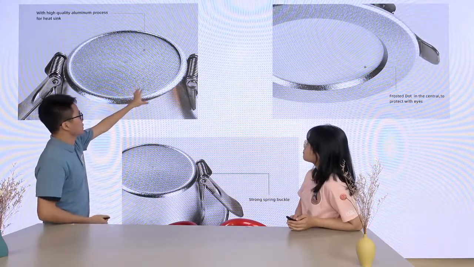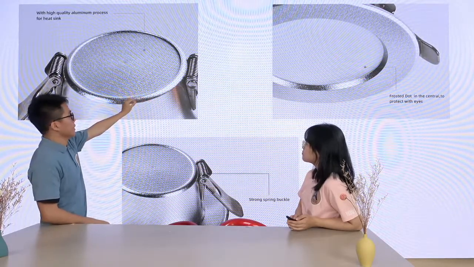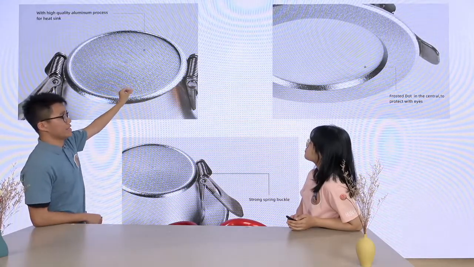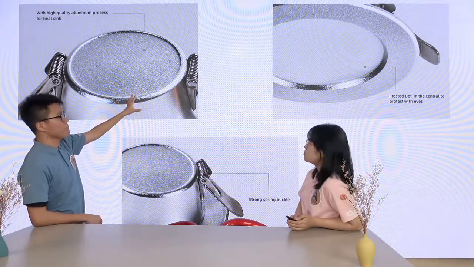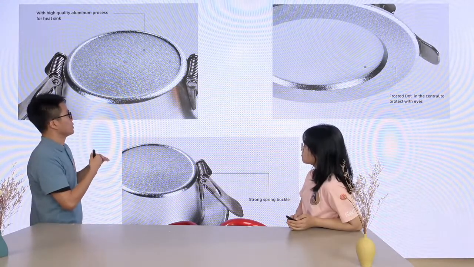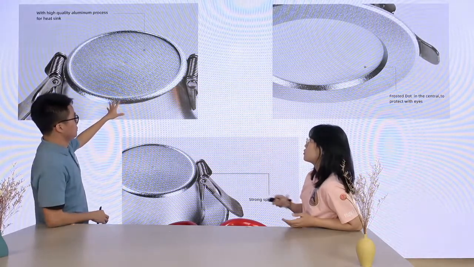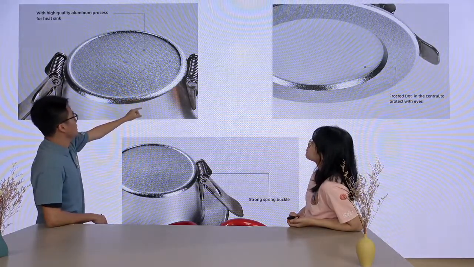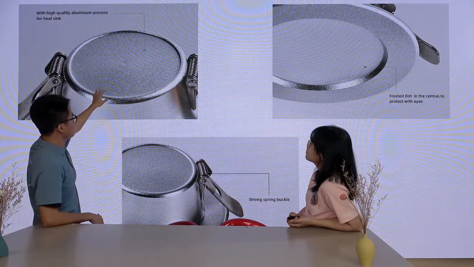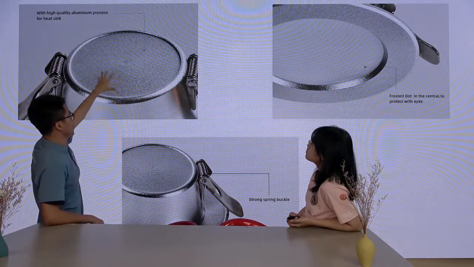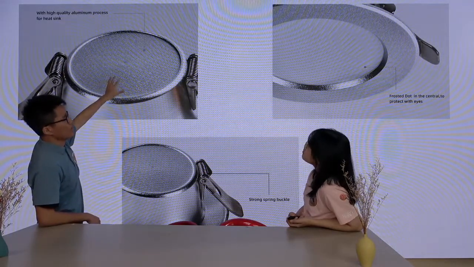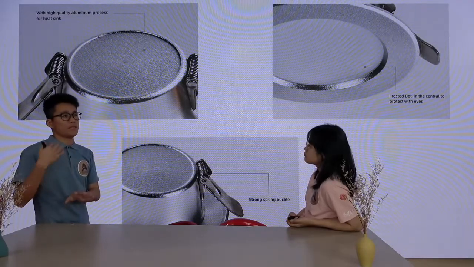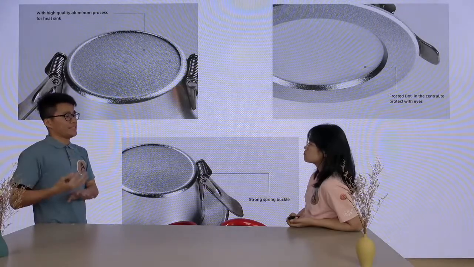The metal clip here is very strong, and as you can see, it uses stainless steel, because we need to make sure it will not fall down. And for the heat sink part, the back part here, we use aluminum, because we all know that aluminum has great performance in heat dissipation.